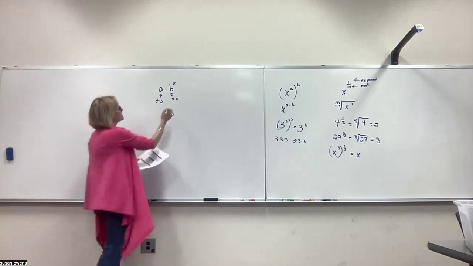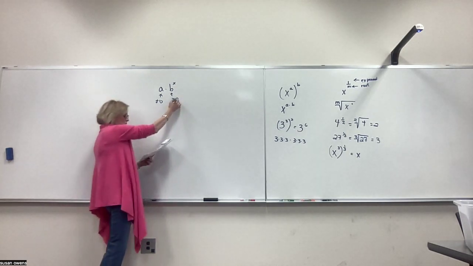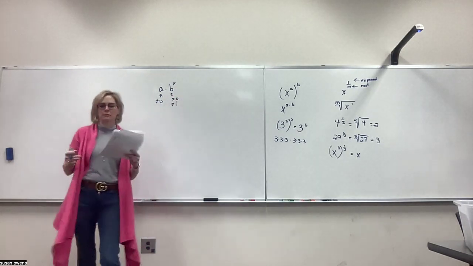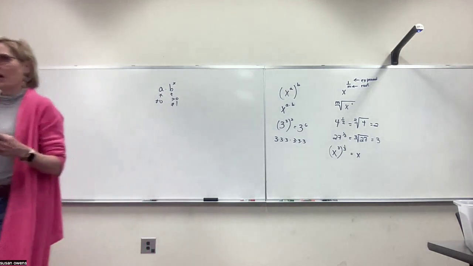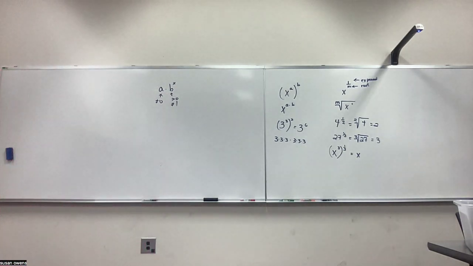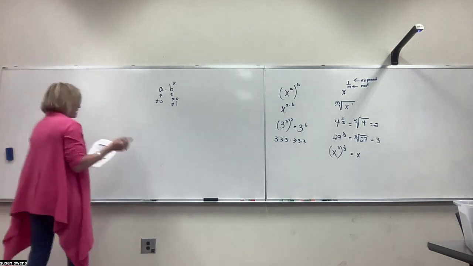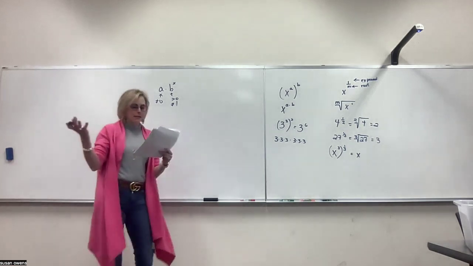And it's not going to equal 1, okay? Because if it's 1, it's just a number. 1 to any power is 1, and then that would just be a constant of a. Does that make sense?